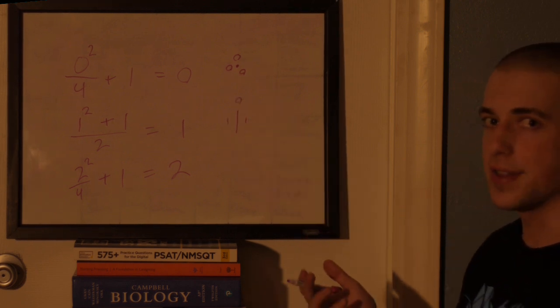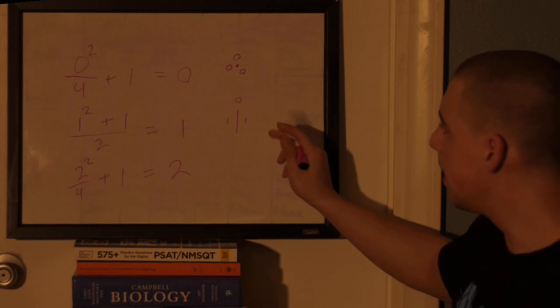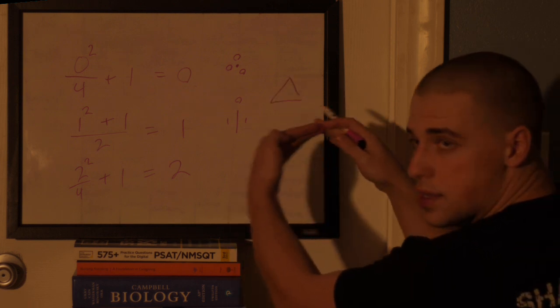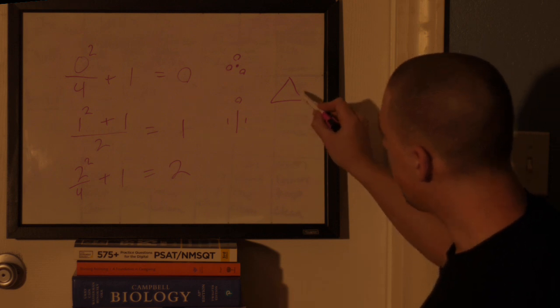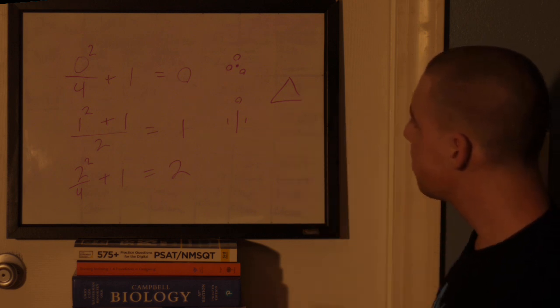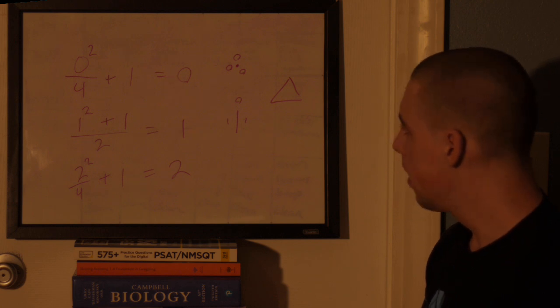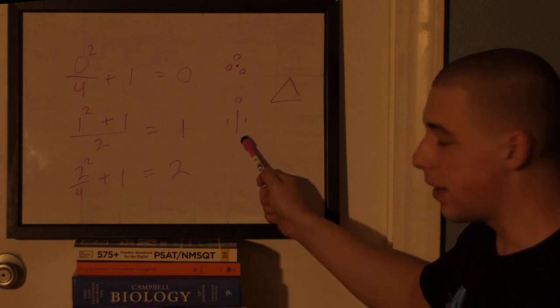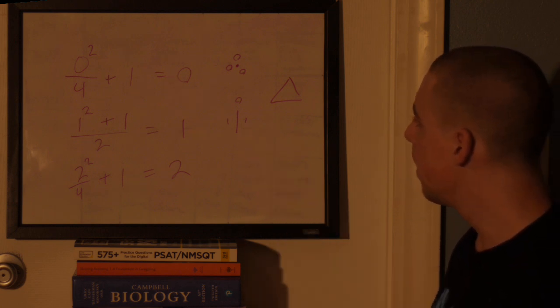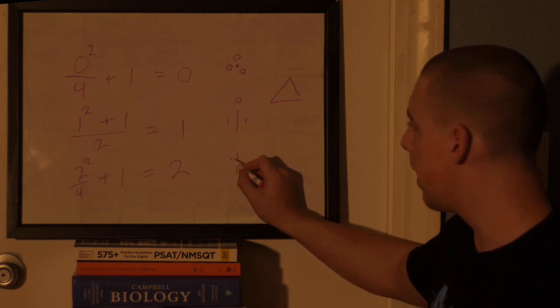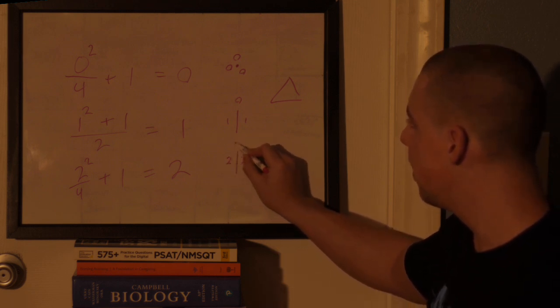Your hypotenuse is technically 1 because if you take a triangle and press it super thin, your hypotenuse and your one side would be the same length. But good luck telling anybody that this is a triangle. And same thing with 2. The only way to make a right triangle is by having 2, 2, and 0.